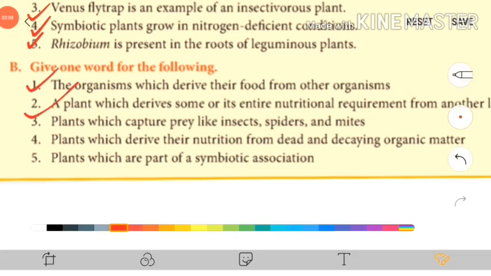Now third one, plants which capture prey like insects, spiders and mites, so these plants are called as insectivorous.